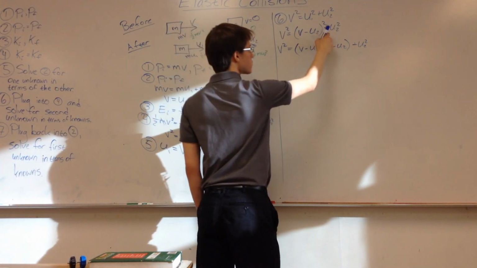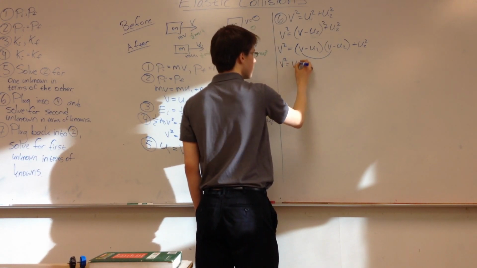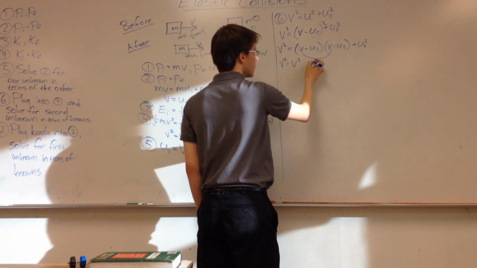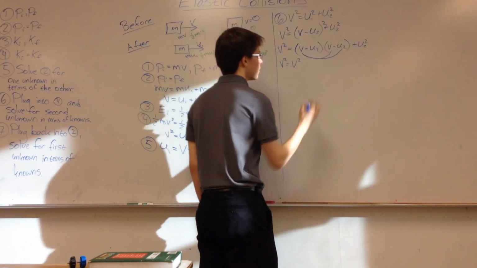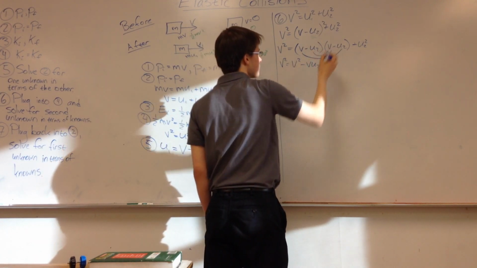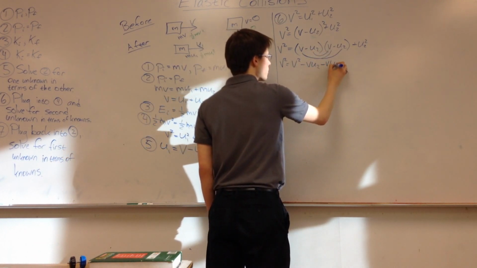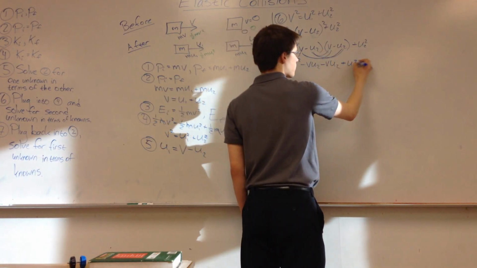So to square this term, we're going to multiply the first term. So I have v squared equals v squared, v times v. Then you add to it this term times the last term, which is minus vu2. Then we have this term times this term, so minus vu2 again, then this term times this term. So we get plus u2 squared. Negative times negative is positive.